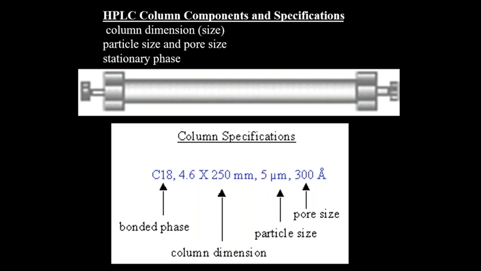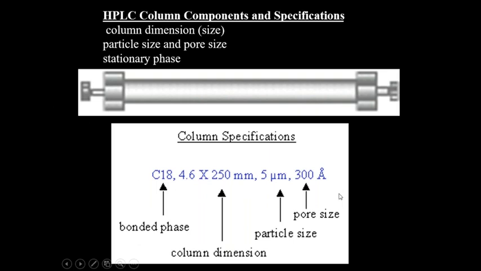And then you have pore size. The pore size that you use will depend on the molecular mass or the structure of the analytes that you are going to separate by the HPLC. Please remember, you can go back to your laboratories and look at the column and see whether all these are given.